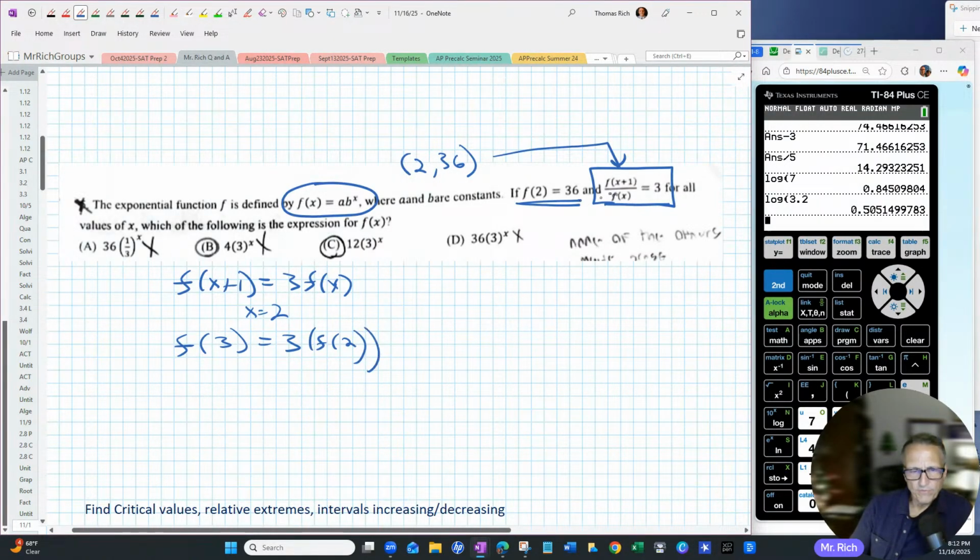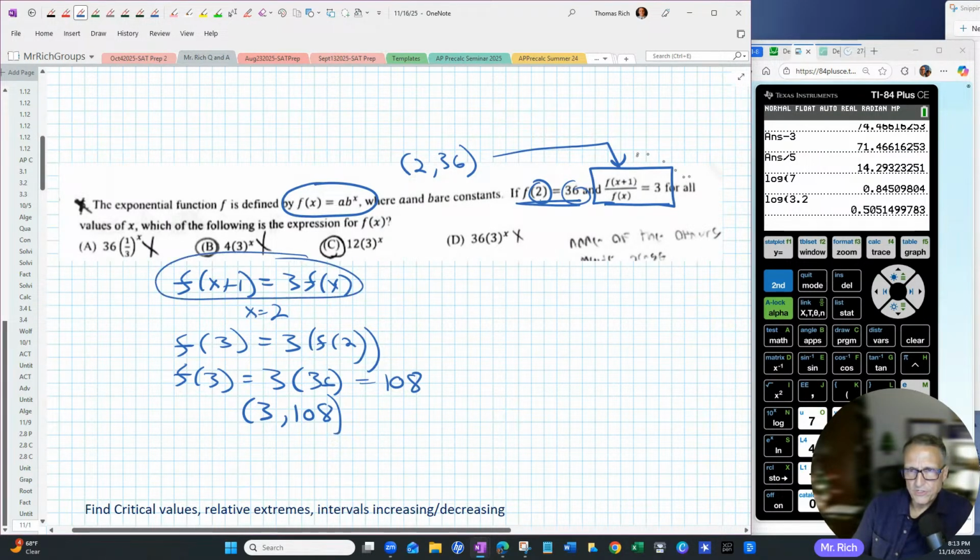Now, we know that f of 2 is 36. So that tells me that f of 3 is 3 times 36, which is 108. That means that when x is 3, the y is 108. So when we incremented the x by 1 from 2 to 3, we multiplied the output by 3. That's what this is telling you right here.